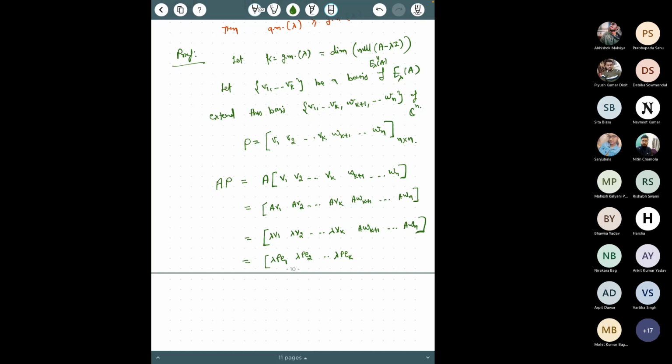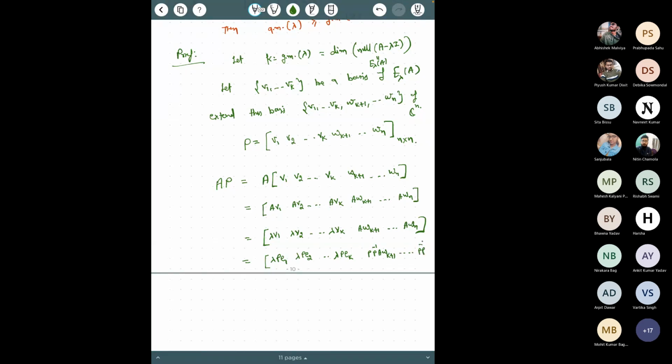All these v_i's and w_i's are linearly independent, so P is invertible. So I write A w_{k+1}, and the last vector would be P inverse A w_n, since I'm just multiplying by P inverse, which gives identity.